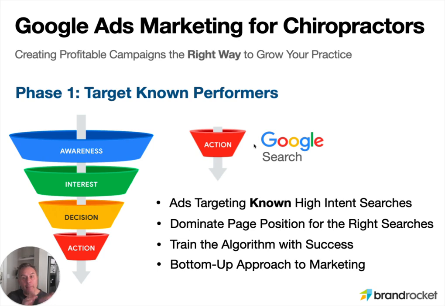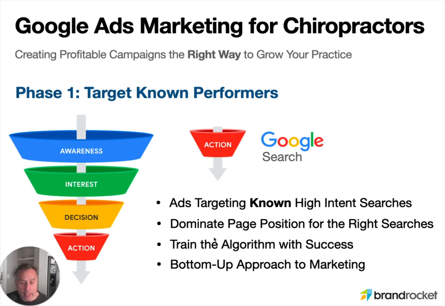Remember, the higher up on the page, the higher your quality of leads, the higher your click-through rate, your CTR is, the higher your conversions, the higher quality of conversions. So we're targeting these high intent searches. And again, we're dominating page position. That's the intent, making sure that we're in the top 1 to 4, we'll call it, position in the search results for those very distinct keywords or the way that people search.